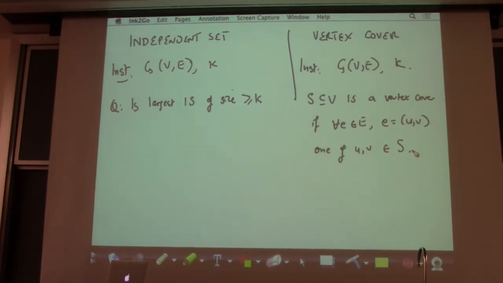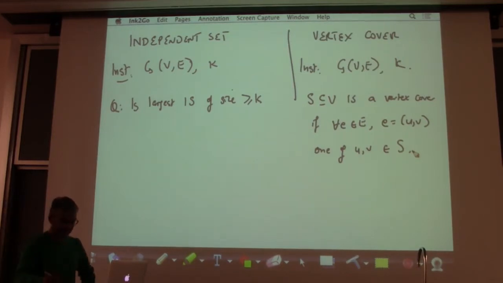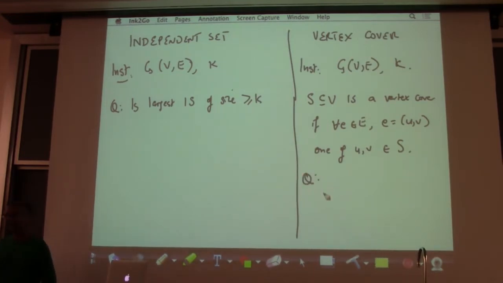At least one of its endpoints is hit by one of these marks. That's what it's saying. It's a weird name, vertex cover. What it's really doing is covering the edges, because I put marks on the vertices to touch every edge. Okay, that's the vertex cover problem. And so the question for vertex cover is, what's a trivial vertex cover?